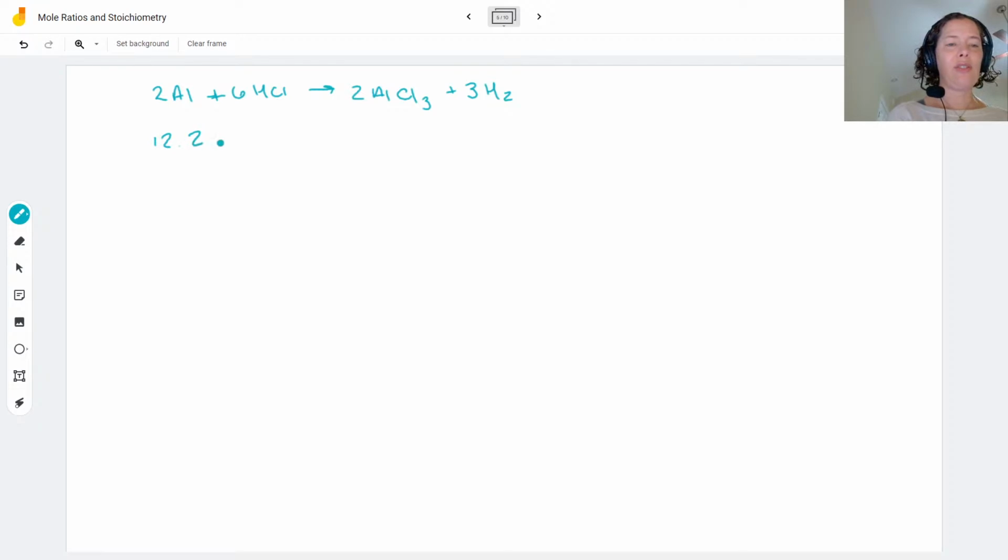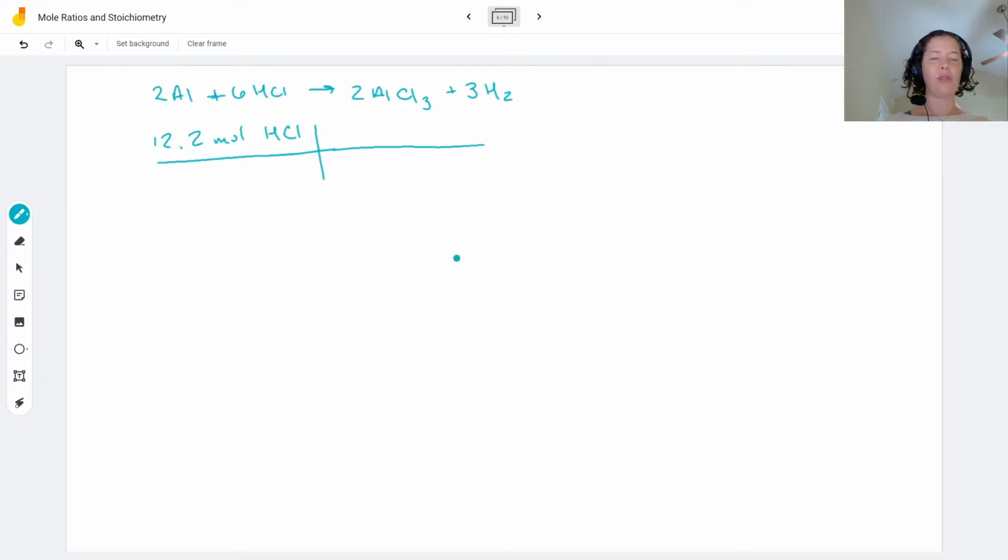Just want to make sure I get these numbers transferred over right. Okay, so there is our 12.2 moles of hydrochloric acid. We are trying to go to aluminum, but first I want to make sure that my hydrochloric acid cancels, and now I'm going to moles of aluminum.